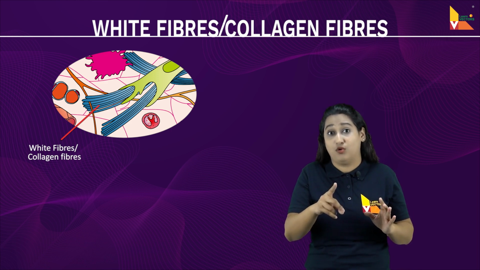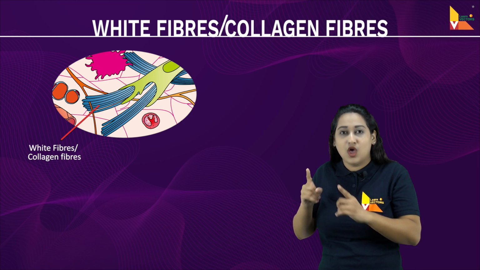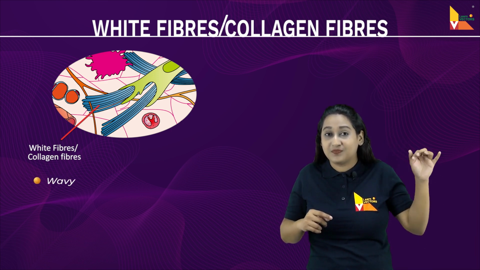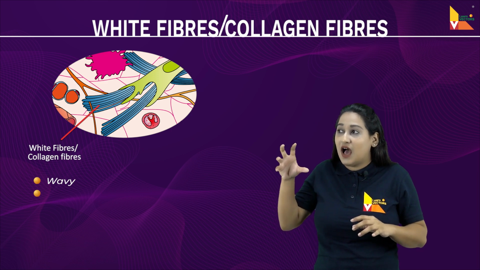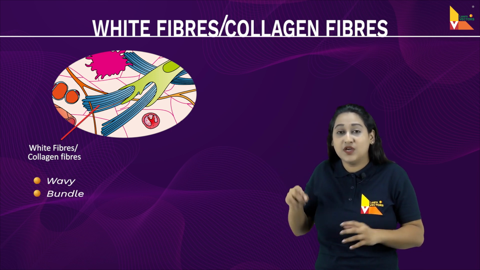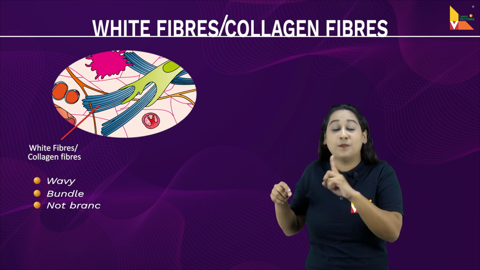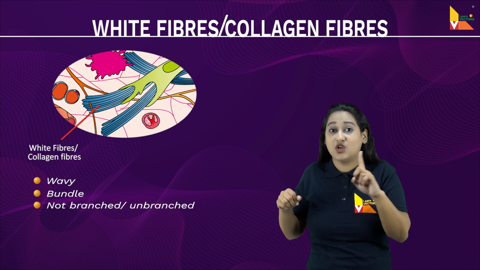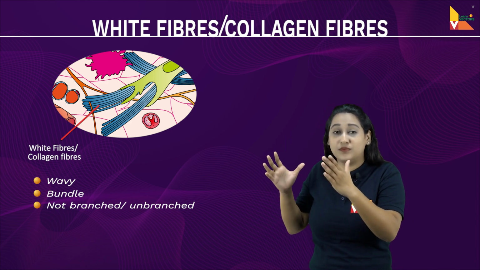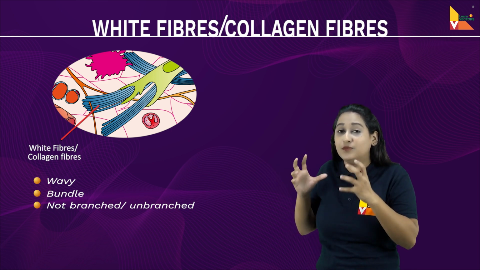But now we have to observe the white fibers. What do you see? White fibers are wavy, in bundles, but they are not branched. They are unbranched. I told you when you study tissue, you have to observe it.